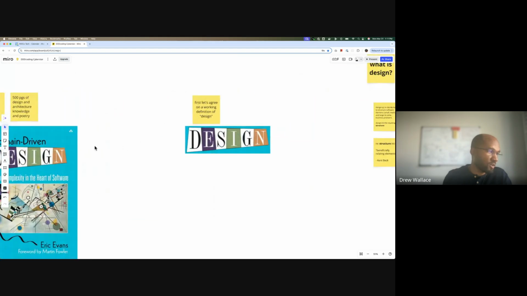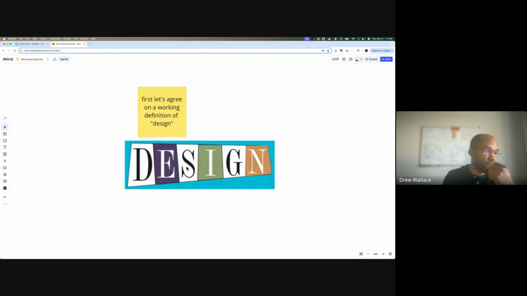So first, before talking about domain-driven design, let's get to the bottom of design itself and get to a working definition. Earlier I asked how many different definitions I would get from the team, right? The point is for us to all get on the same page about what even is design for it to be domain-driven.